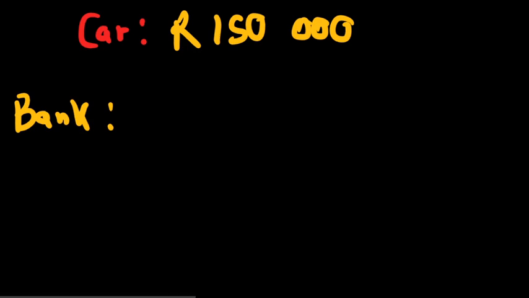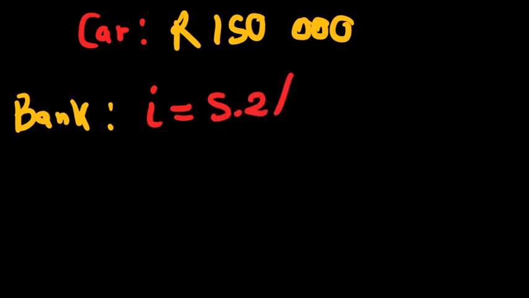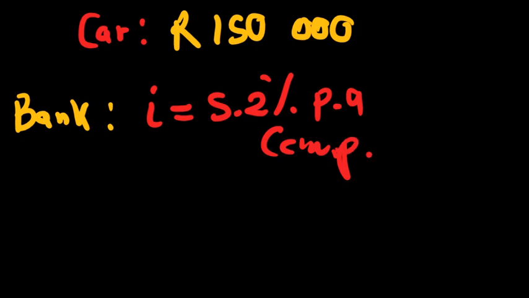The bank agrees after looking at your statements and everything else, and says okay, fine, we're going to lend you that 150,000 at an interest rate of 5.2% per annum, let's say compounded quarterly.